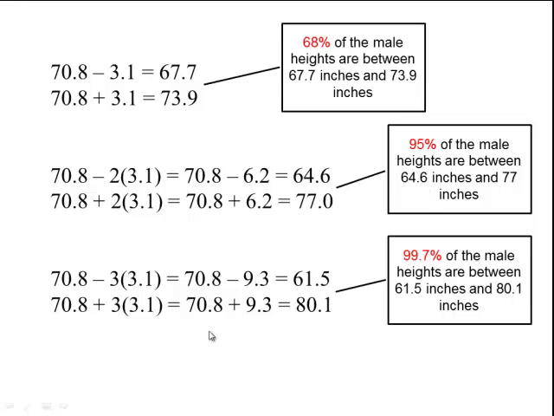And if we go 3 standard deviations above and below the mean, this is going to be 70.8 minus 9.3 and 70.8 plus 9.3, which produces 61.5 and 80.1. So just about all the data, 99.7% of the heights for males, are going to be between 61.5 inches and 80.1 inches.